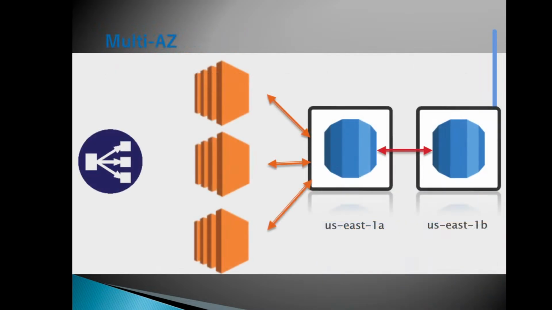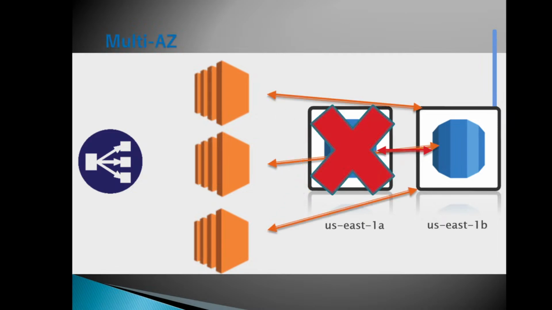There will be a primary machine and it will have a backup or secondary machine in an altogether different availability zone. Why? Let's say this availability zone goes down, you still have accessibility to the second availability zone.